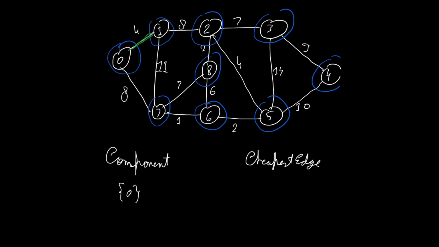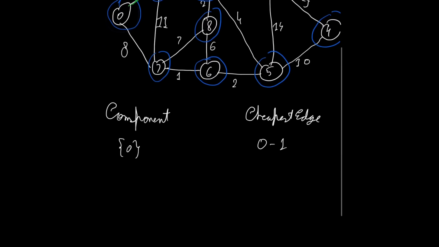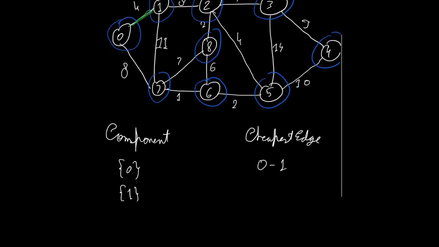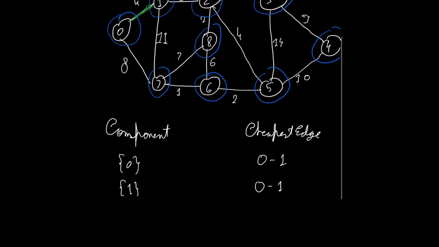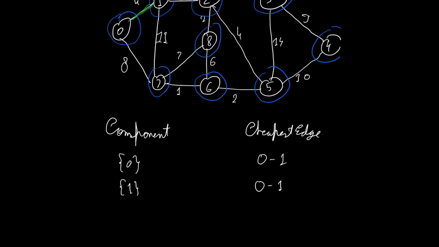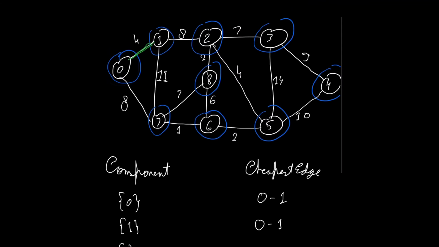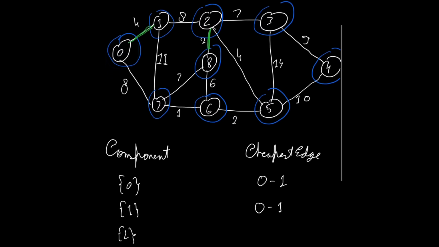Therefore the cheapest edge for 0 is 0 to 1. Similarly, for 1, the cheapest is again 0 to 1, since 8 and 11 are greater than 4. For 2, the cheapest edge will be with 8, where the weight is 2, so it's 2 to 8.